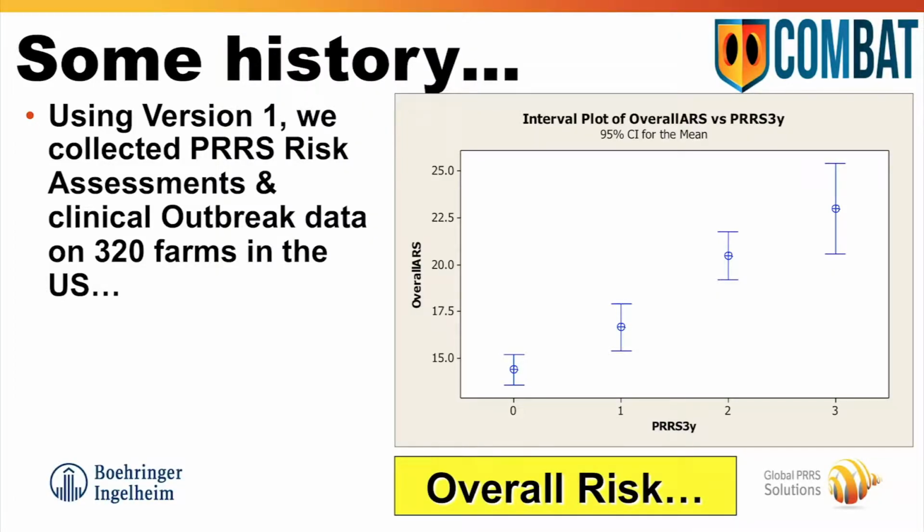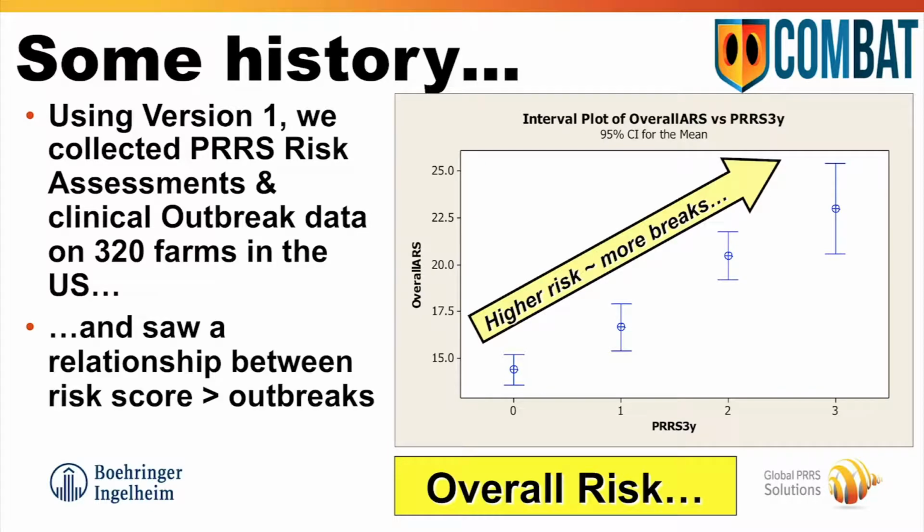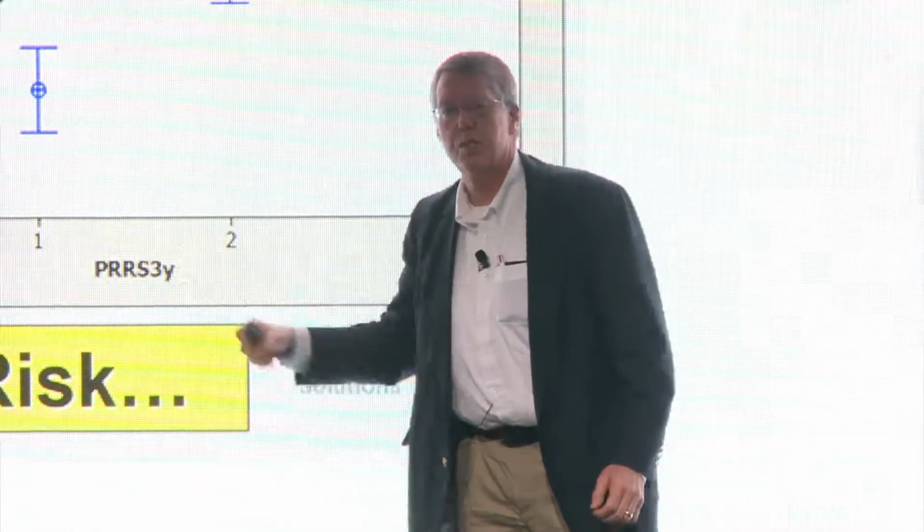So we took that version 1 tool, did a number of risk assessments, in this case 320 on a number of US farms, and we saw a relationship between risk score and the number of PERS breaks that these farms reported over the 3 years just prior to having done the risk assessment.